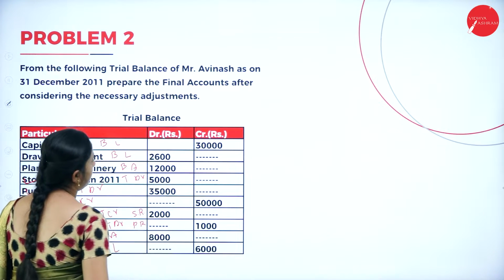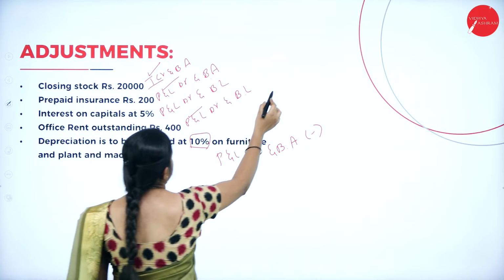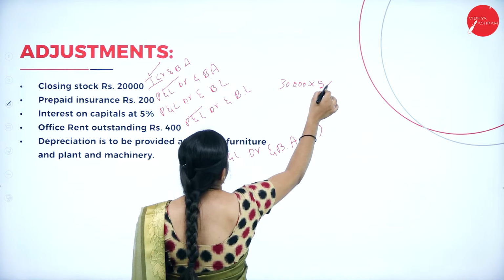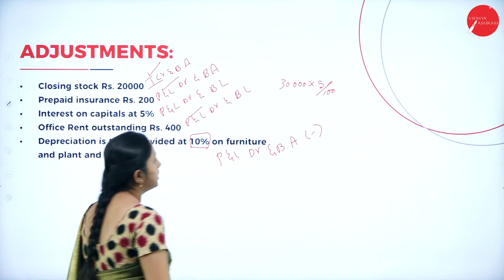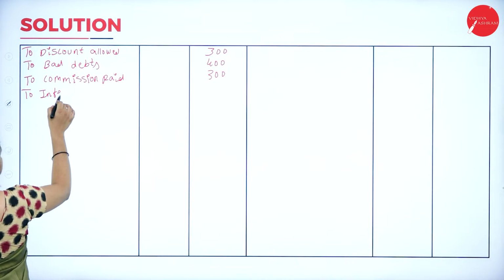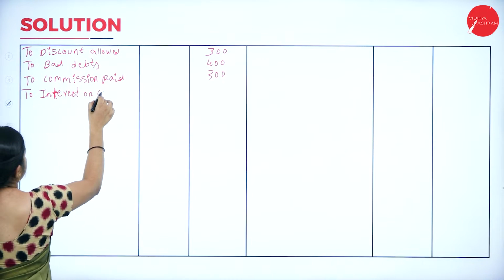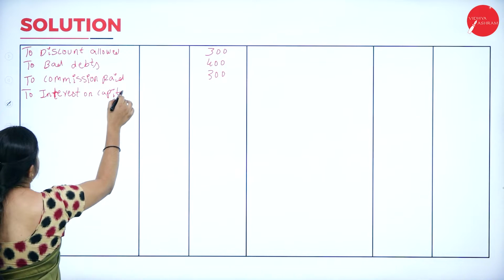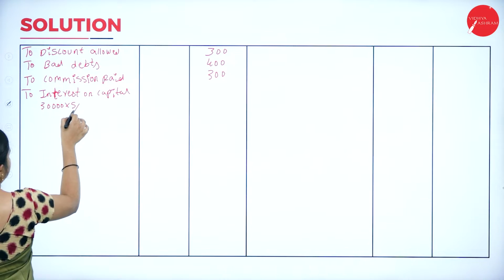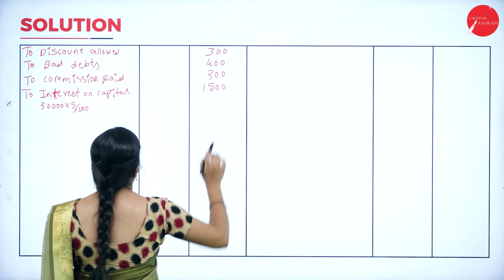Capital account 30,000, so 30,000 into 5 by 100. Write to interest on capital, that is 30,000 into 5 by 100, which is 1,500.